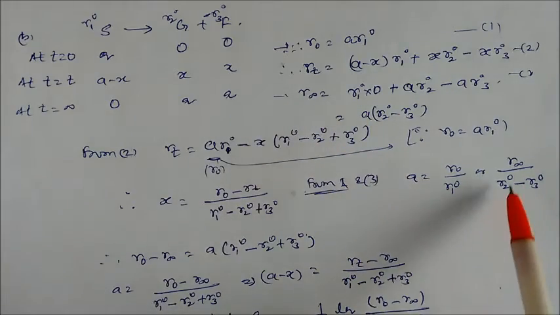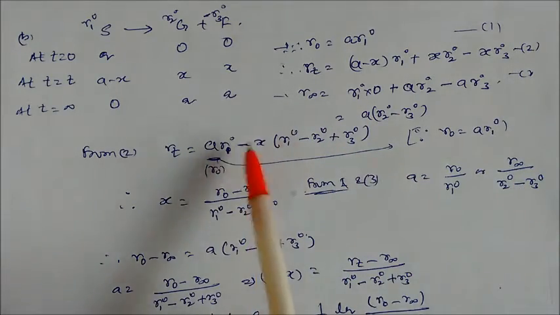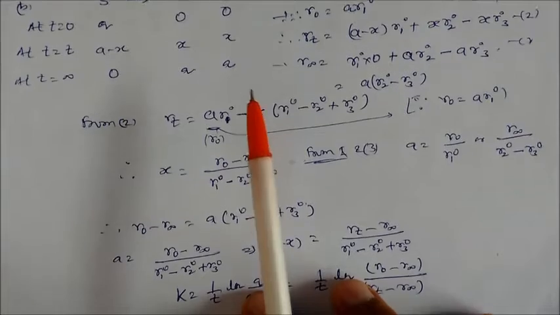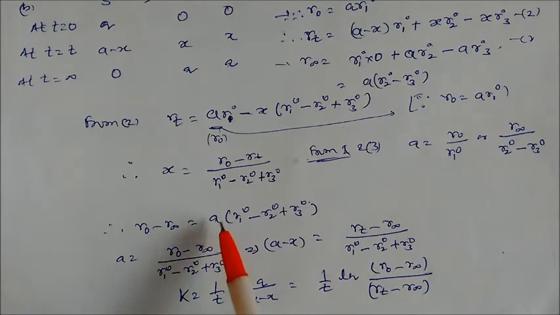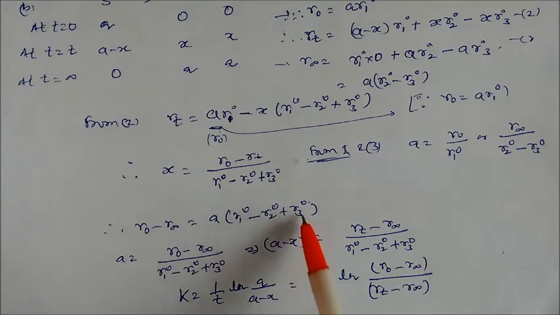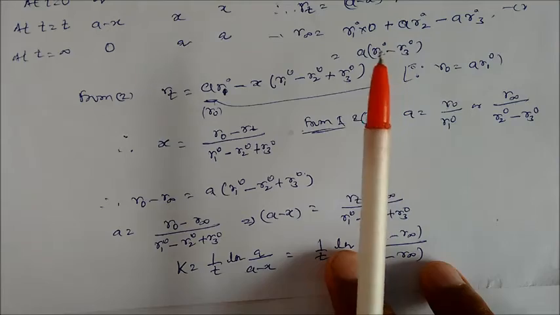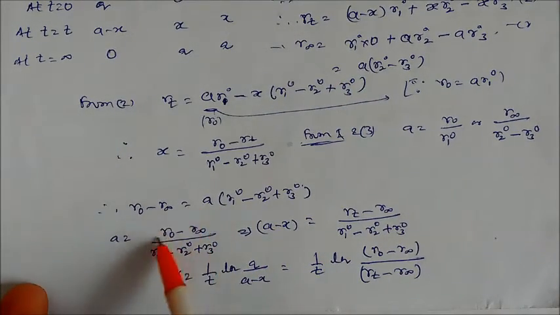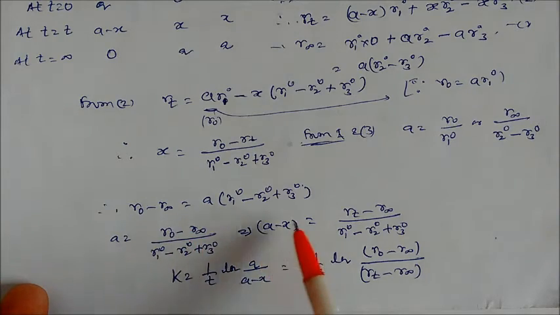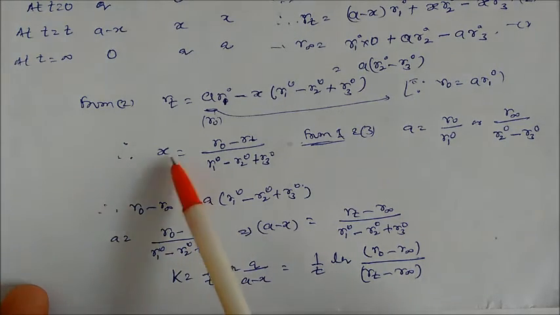So from here you get R naught minus R infinity. It will be a into R1 naught minus R2 naught plus R3 naught. If you substitute this value, a equals this much, and a minus x, you get this value. So this is a and this is x; subtracting, you get a minus x.